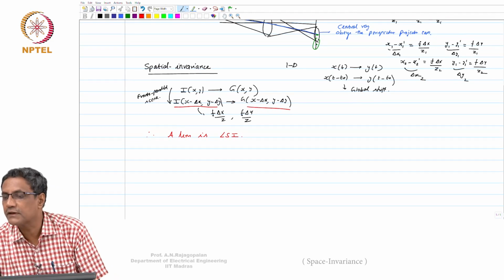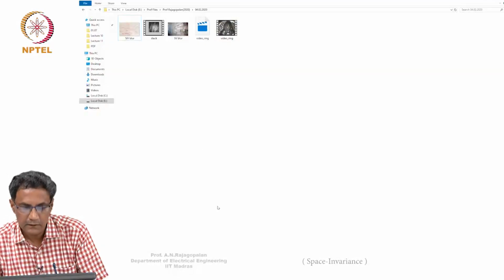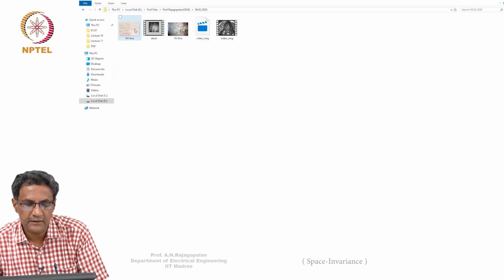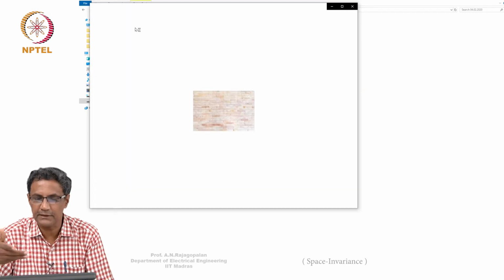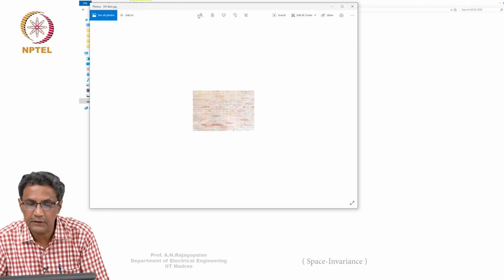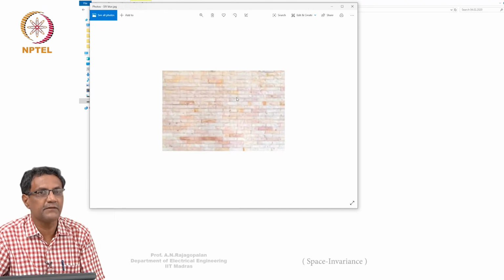Let me just show you an example of that here. Look at this. This image is an example of this. I just picked it up from the web. Are you able to see it? Do I zoom it? So this is the case of space invariant blur.